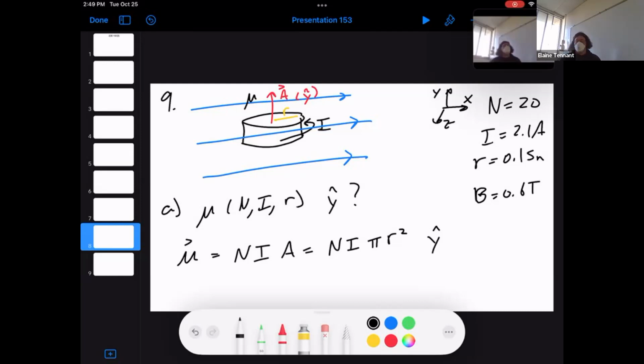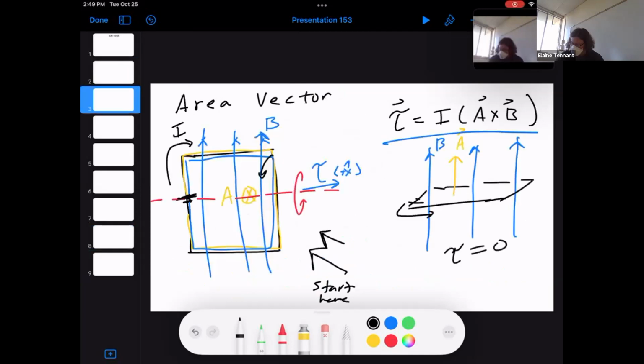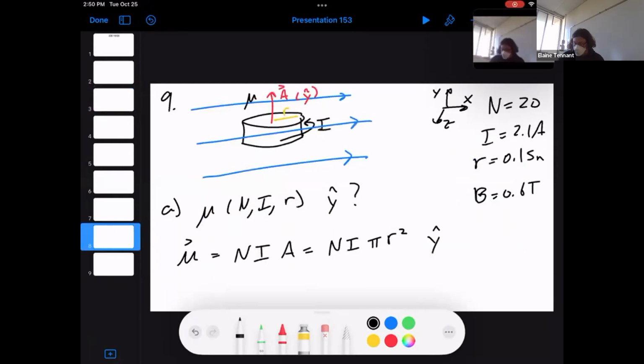One thing you might think is that you're looking for this magnetic moment to line up with the external B field. So if our magnetic moment is in the y direction and our B field is in the x direction, it rotates like that, which is clockwise.